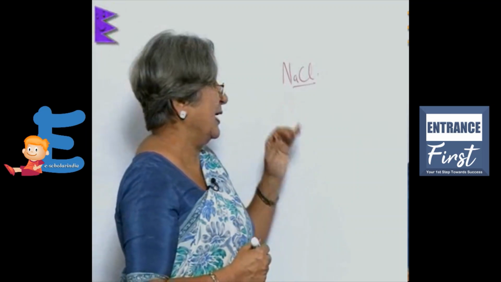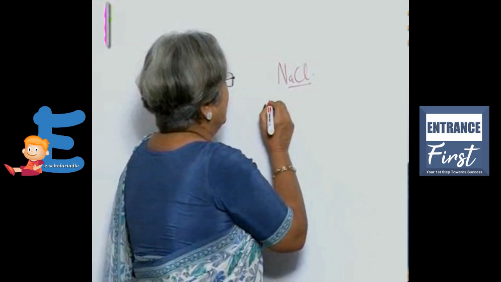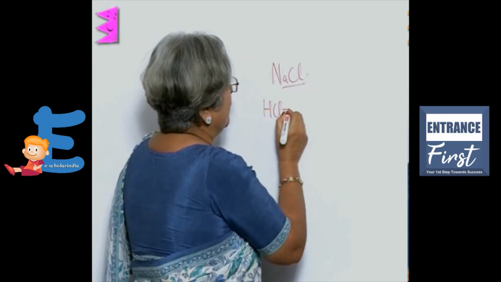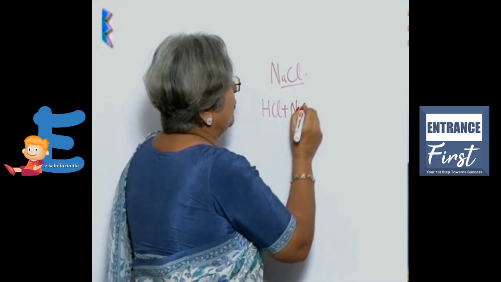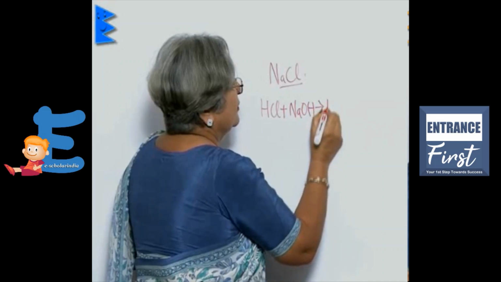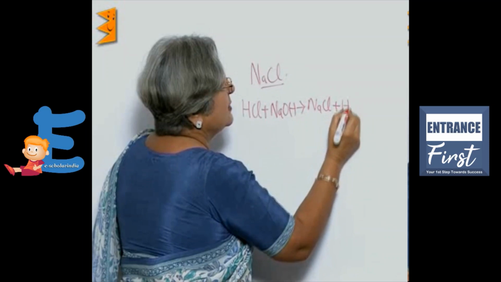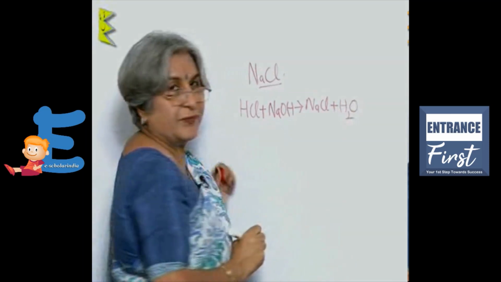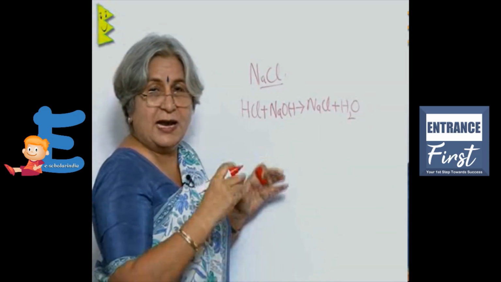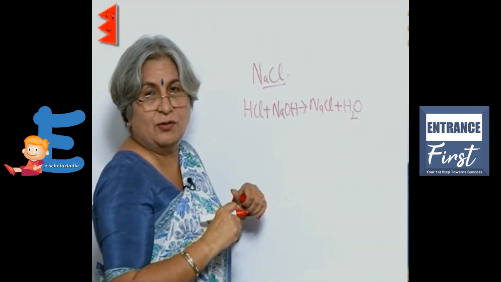Now sodium chloride can be produced by the action of hydrochloric acid and NaOH. So we get common salt plus water. Now what happens if we pass electric current through NaCl?